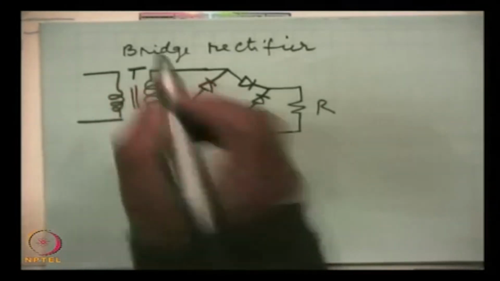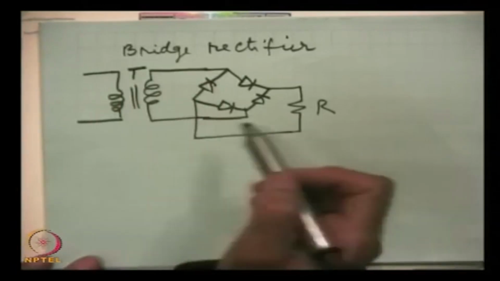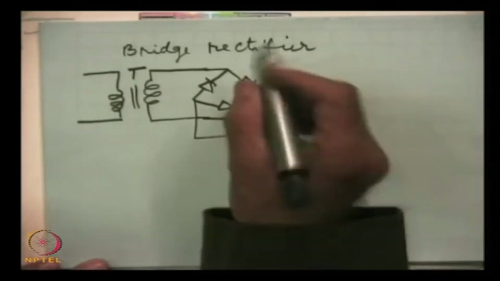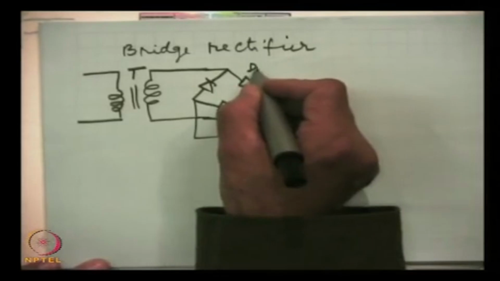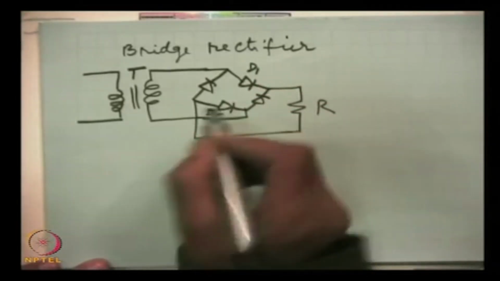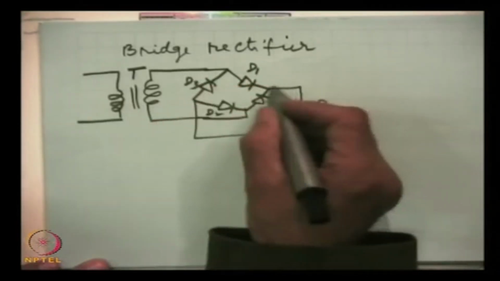This is the transformer, and there is no center tapping here, but there are 4 diodes D1, D2, D3 and D4.